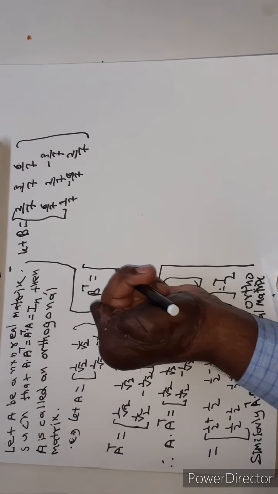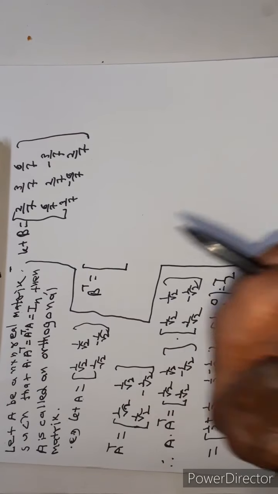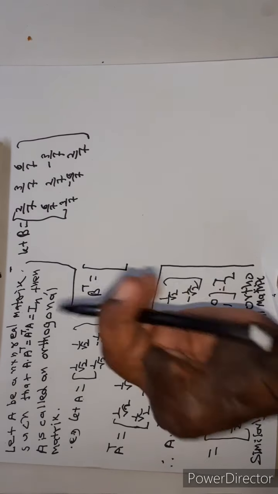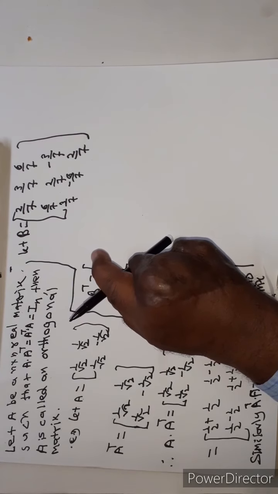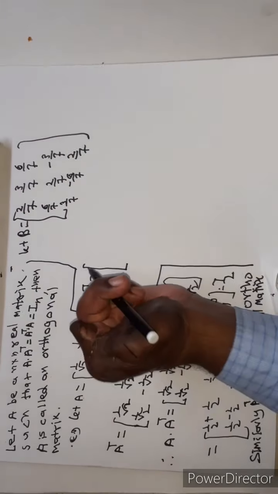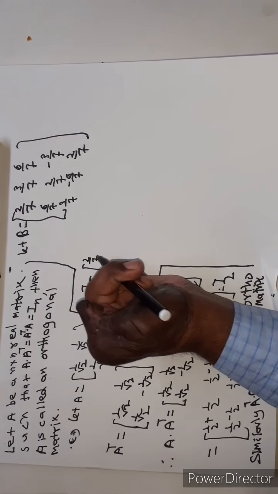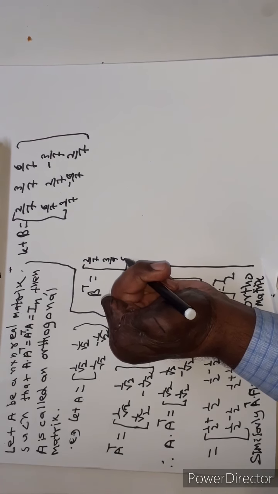is equal to, in order to find the B transpose, we interchange rows and columns. That is, the first row is made first column, second row is made second column, and third row is made third column. 2 by 7 in the first column, 3 by 7, 6 by 7.